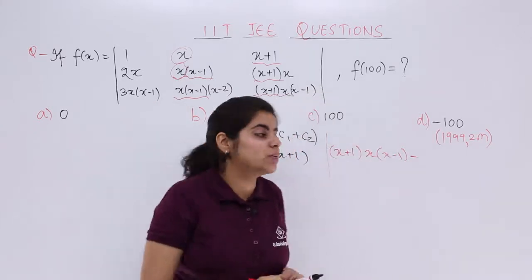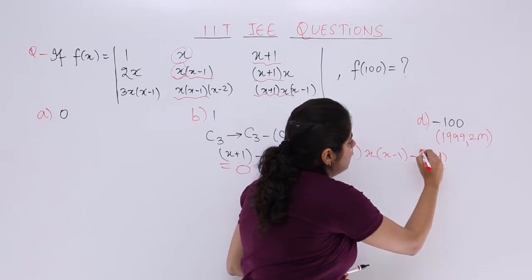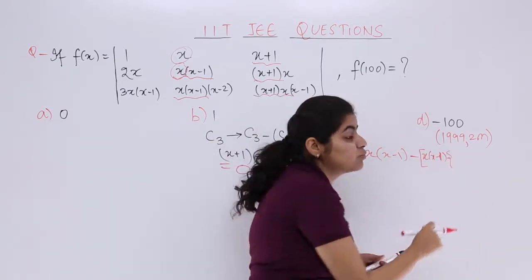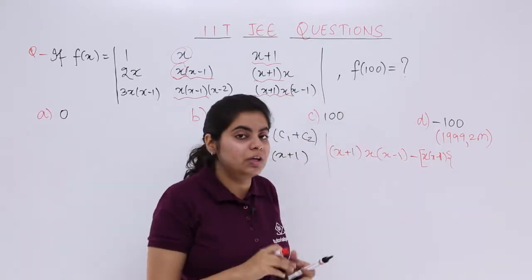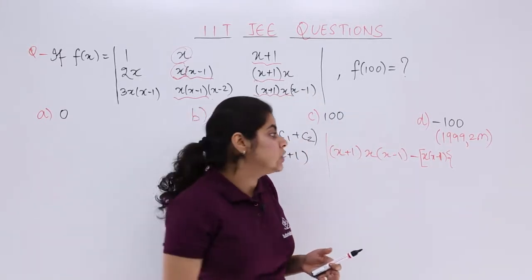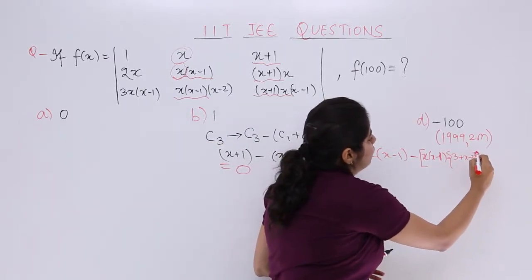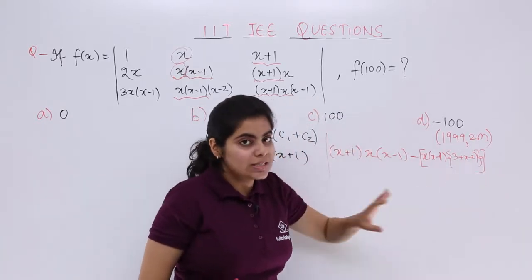Take x minus 1 common. So I take x minus 1 as common, and what I am left with inside is 3 from here and x minus 2 from here, 3 plus x minus 2. Now 3 minus 2 is nothing but 1.